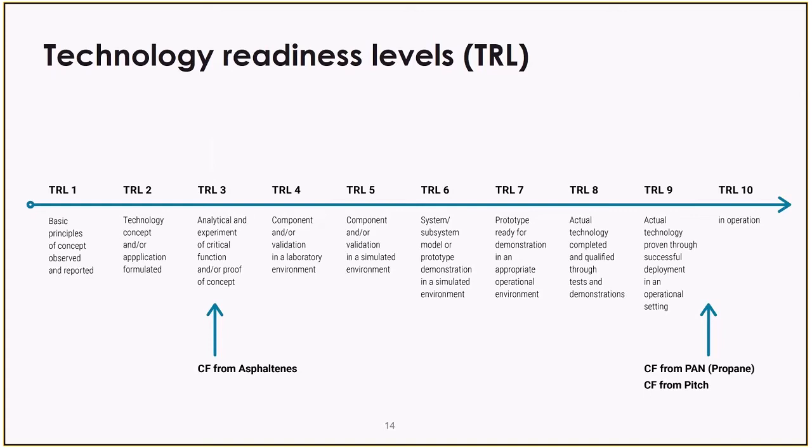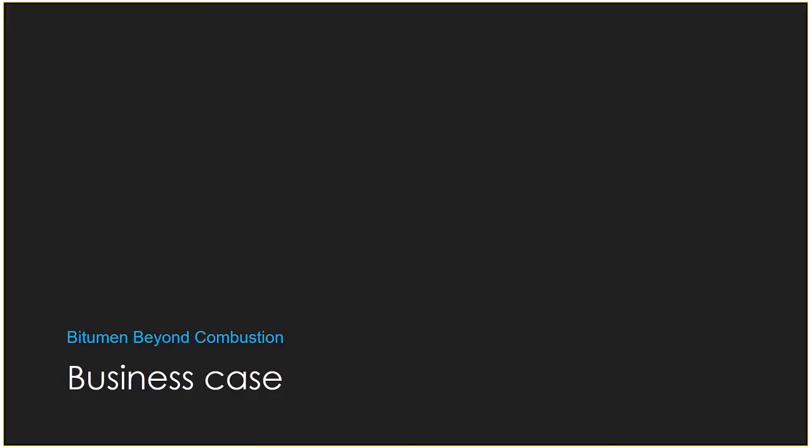That is to say, we've done an experiment of its function and a proof of concept. People have modified and spun asphaltenes into a raw carbon fiber today, and Paolo will talk about that a little bit later on. So with this in mind, of asphaltene being a great source potentially to make carbon fibers, let's talk about the business case that can drive this.